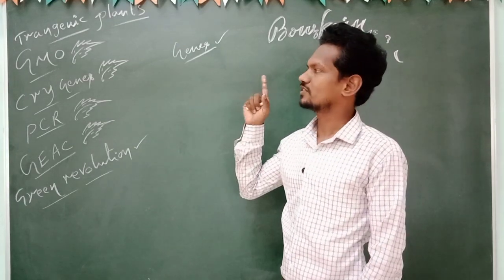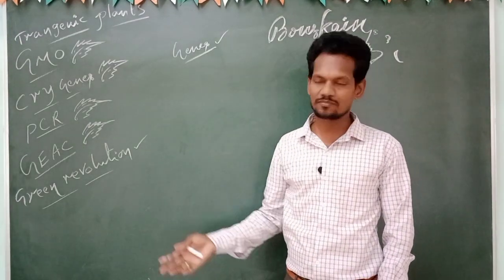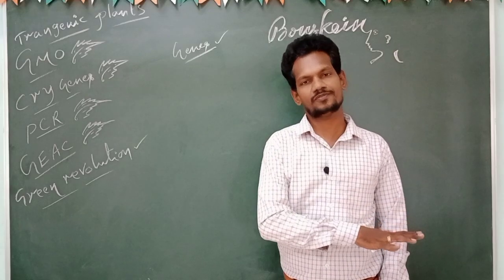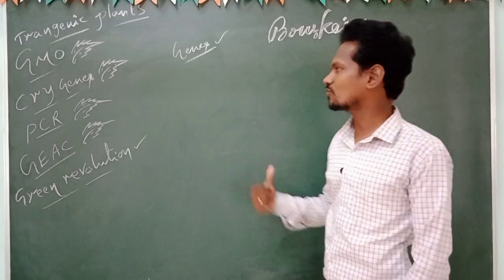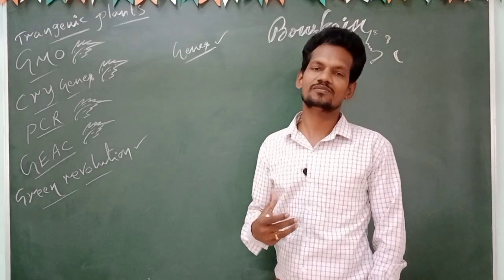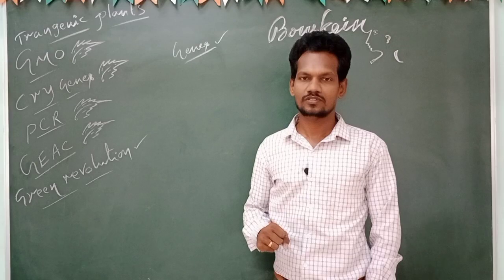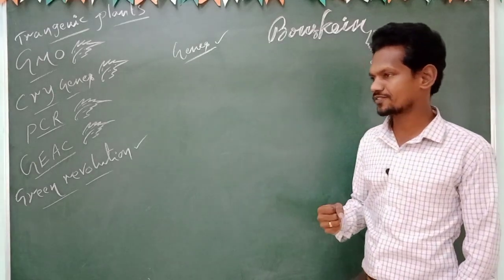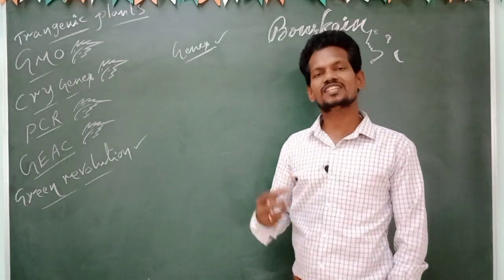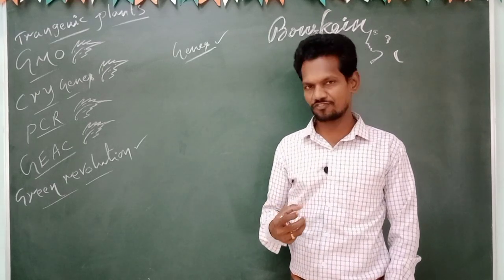That is known as genetically modified organisms. In our lesson, genetically modified organisms are known as transgenic plants, in which different types of desired genes are transformed.